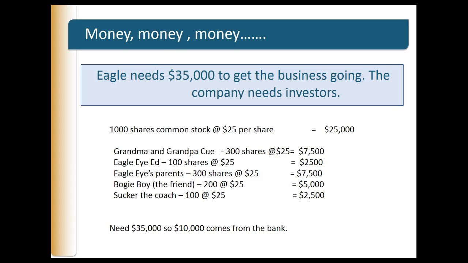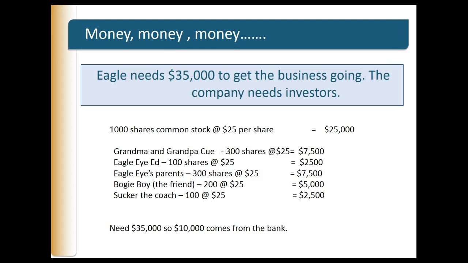He's thinking he's going to try to get 25,000 by reaching out to friends and having common stock. So Mr. Eagle Eye thinks 1,000 shares of common stock at $25 a share would give him 25,000. The difference, the 10,000, he's going to get from the bank. He goes and he's recruiting.